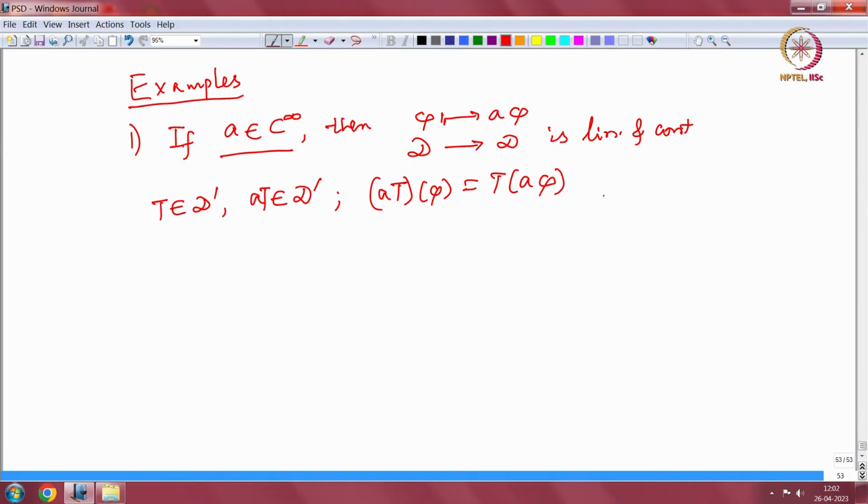But such a thing is not possible for S. Example here, again n equal to 1, for example.